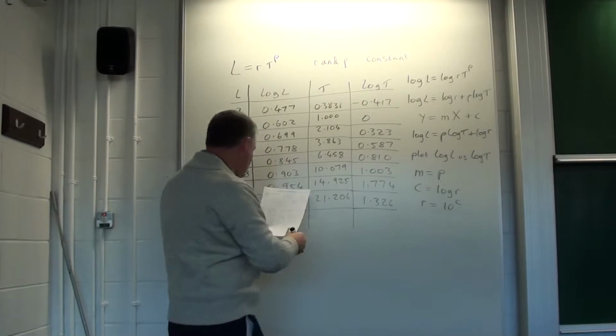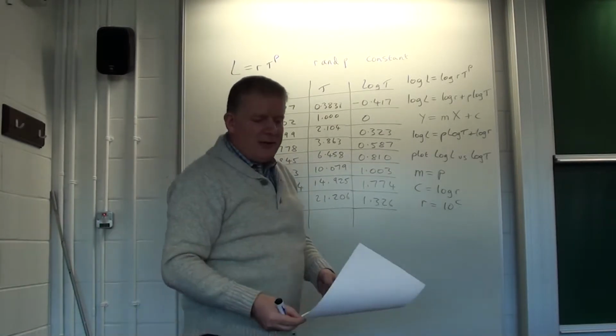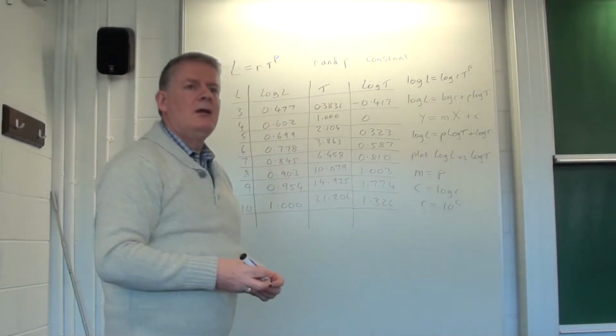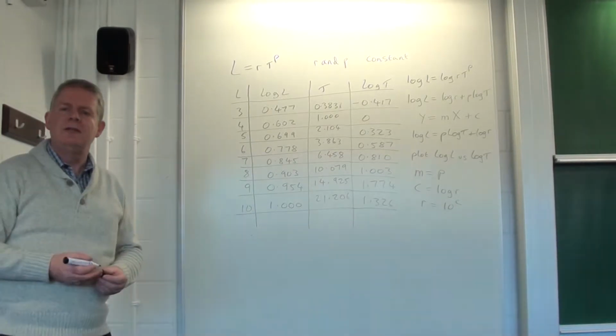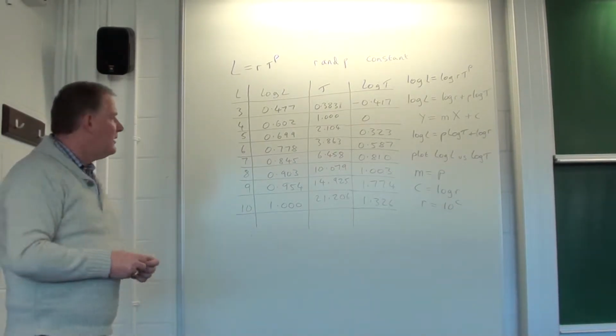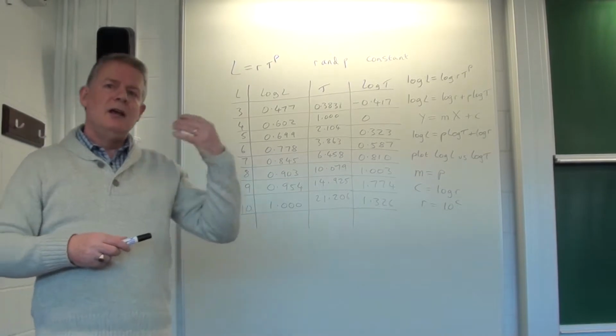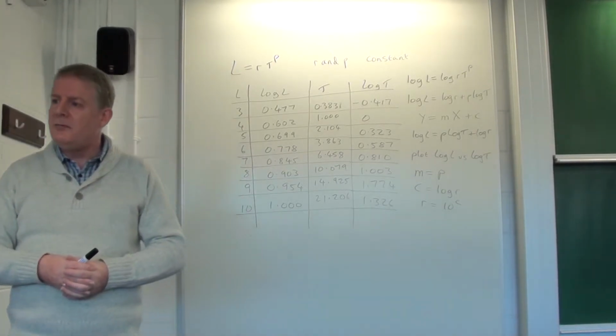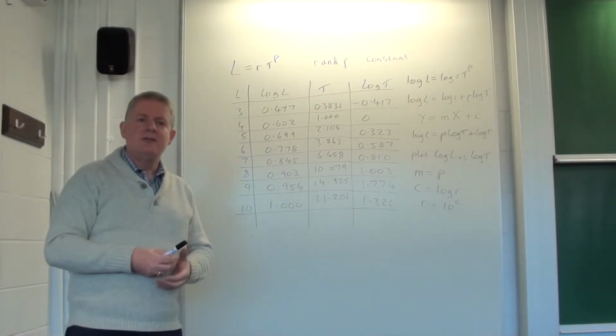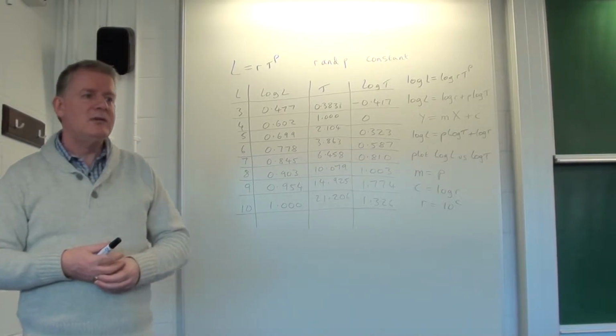Okay, so we've now created the table. There's one other piece of data we have to generate because it's experimental data and it requires us to draw a best fit straight line. In order to draw our best fit straight line, we use a centroid.